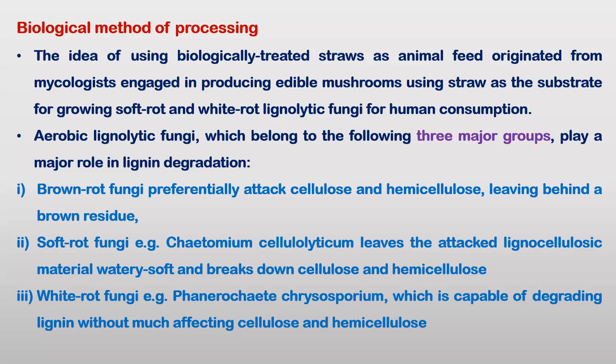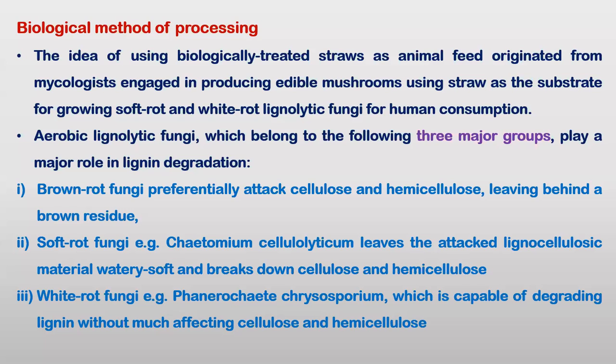The soft rot fungi, like Chaetomium cellulolyticum, attack the ligno-cellulose material, leaving a watery soft residue, and break down the cellulose and hemicellulose portion of the roughages.